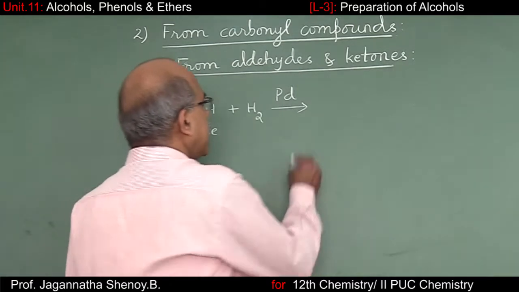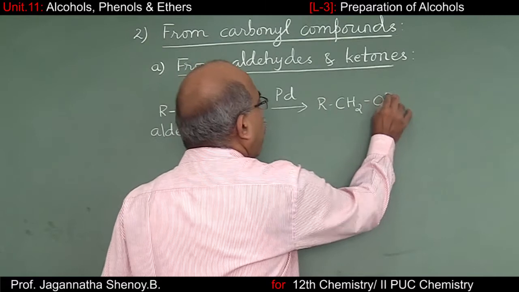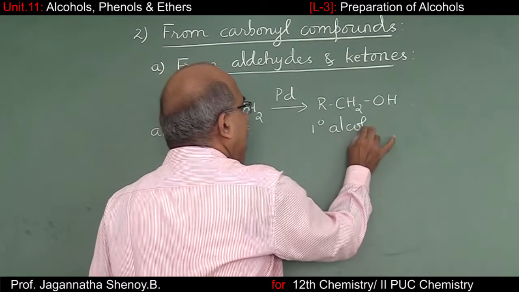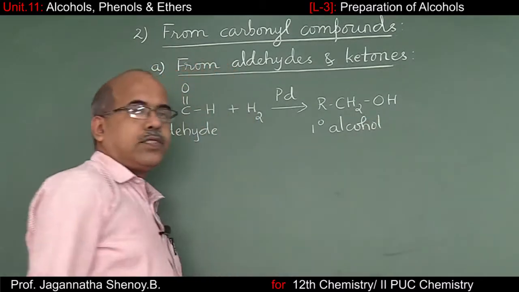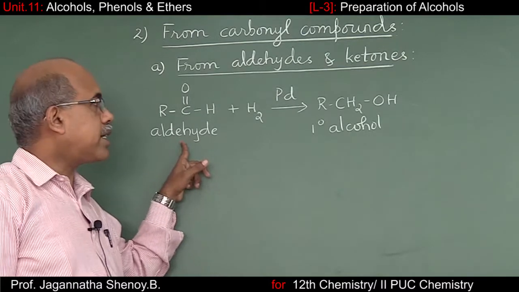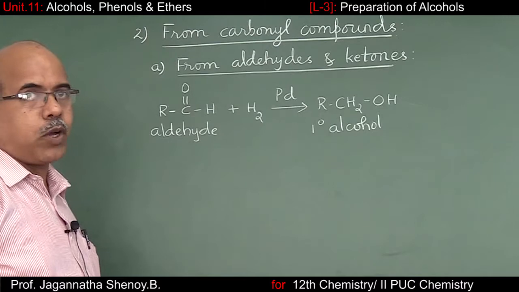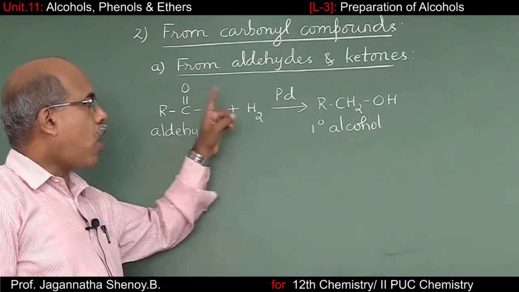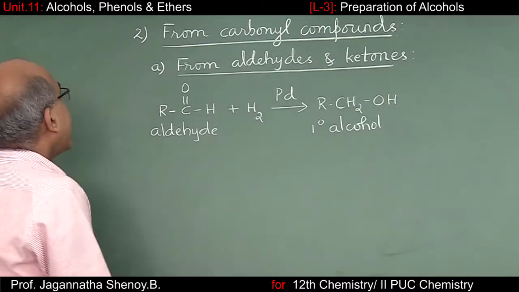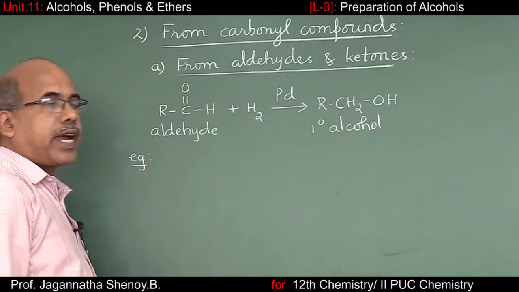As a result, the product obtained is RCH2OH, and this is nothing but a primary alcohol. So it's very clear now that whenever an aldehyde is subjected to reduction, we will get a primary alcohol. Very, very important. So aldehyde on reduction will give you primary alcohol. We can write at least two examples for this particular reaction.